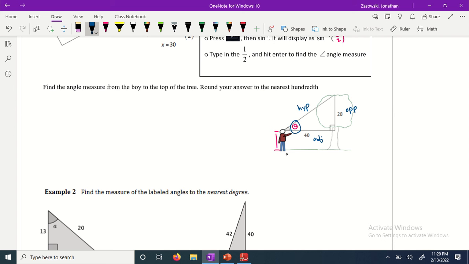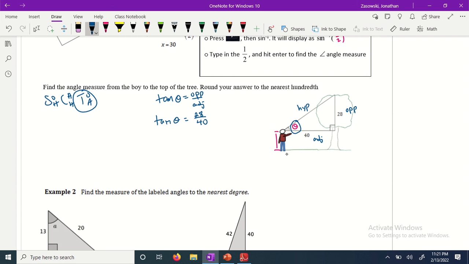So we're looking to create a ratio of these two sides. And since we know with SOHCAHTOA, if we're using opposite and adjacent, we're going to use the tangent function. So just like before, we're going to pick our function. Tangent of theta is equal to opposite over adjacent. We're going to plug in. So the tangent of theta is equal to the opposite, which is 28, over 40, the adjacent.